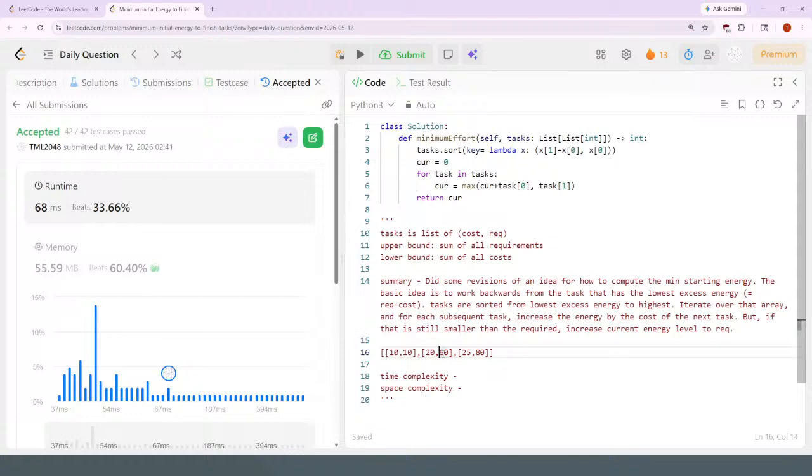In theory, if this was something smaller, let's say this was 25, 10 plus 20 is 30. 30 is bigger than 25, in which case you're good, because 30 energy is bigger than 25 required to do a task, and then going down 10. Anyway, so it's now 60. 60 plus 25 is 85. Because 85 is bigger than 80, then that's fine. So 85 is the current level, so 85 would be the answer to this thing.